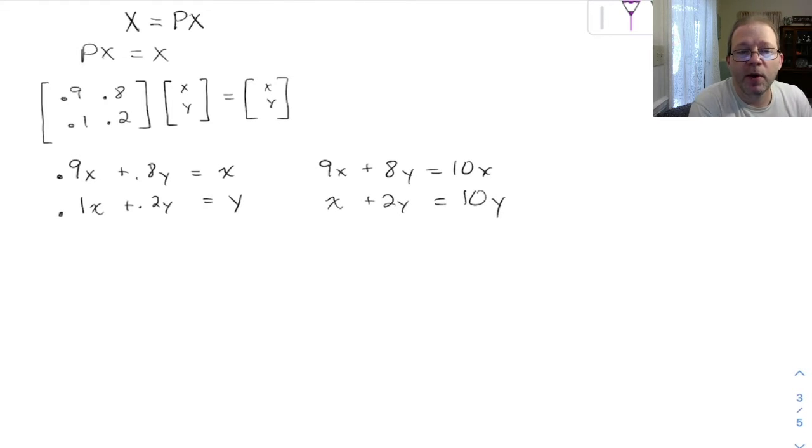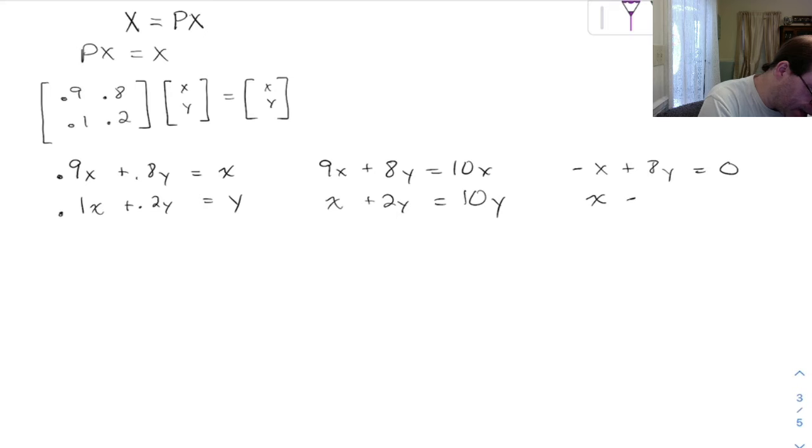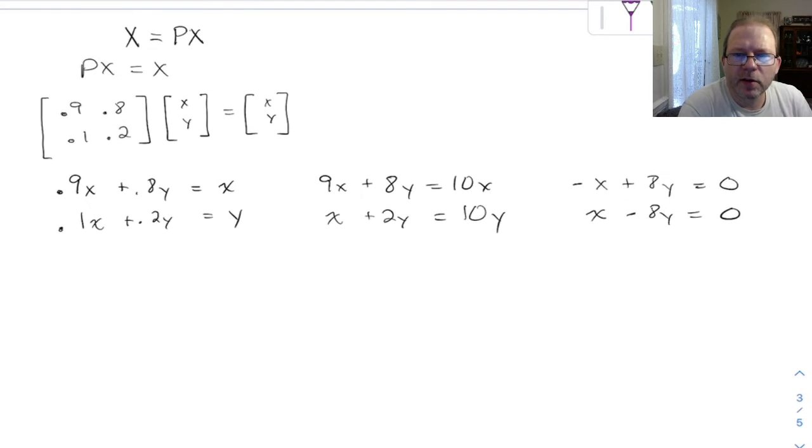Now I'm going to combine my like terms. For the top one, I take the 10x off of both sides and get -x + 8y = 0. For the second one, I take 10y off of both sides and I get x - 8y = 0.